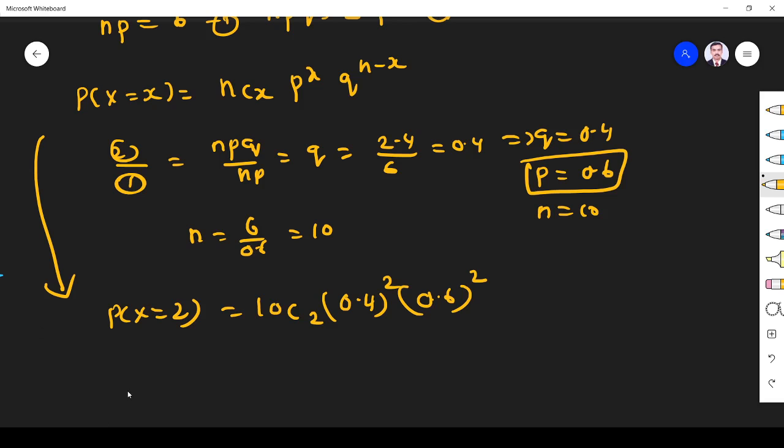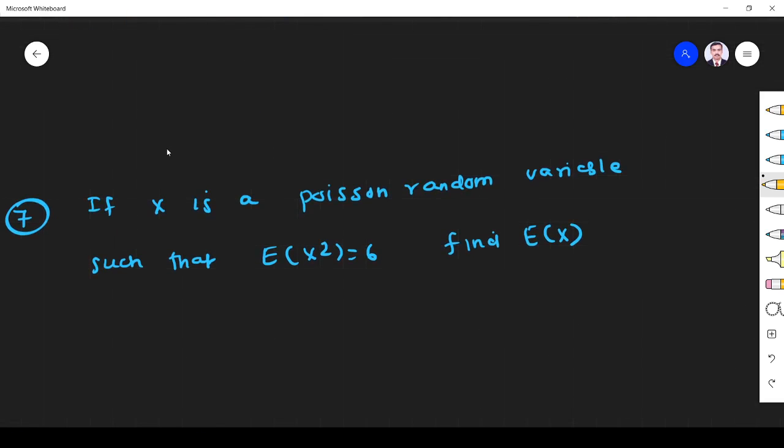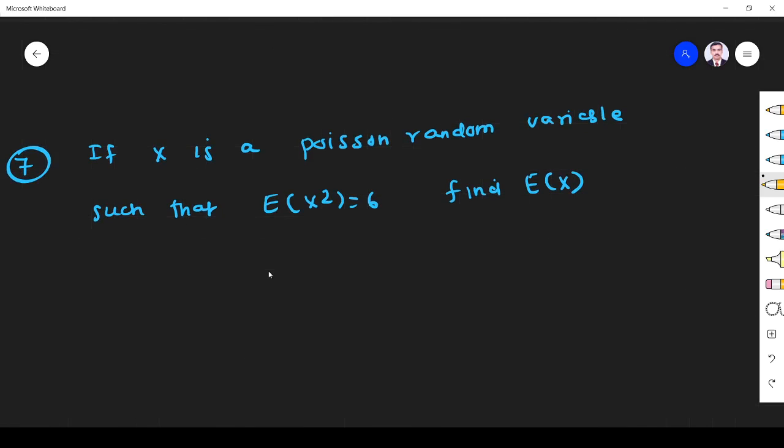Okay, next problem. If x is a Poisson variate such that e of x squared is equal to 6, find e of x. So e of x squared is given, and they ask us to find e of x. How can we find e of x?